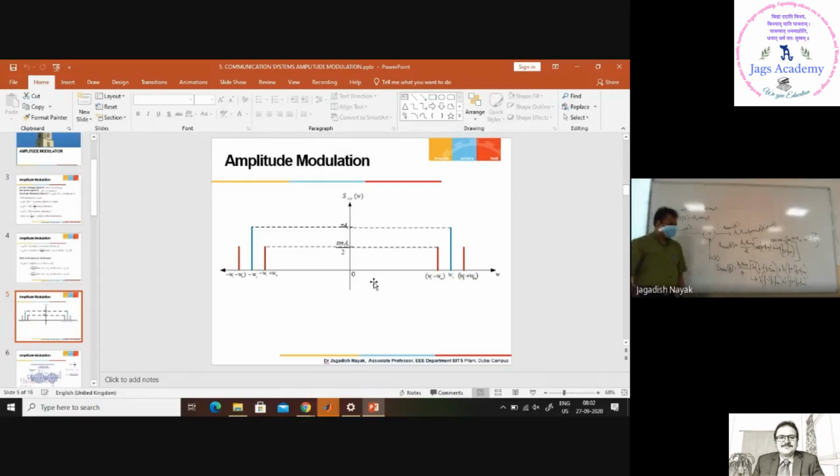This is the spectrum. See, if you know the Fourier transform pair, how easily you can find the Fourier transform. Can you plot this? It's the same plot, but what is not there? Carrier is not there.